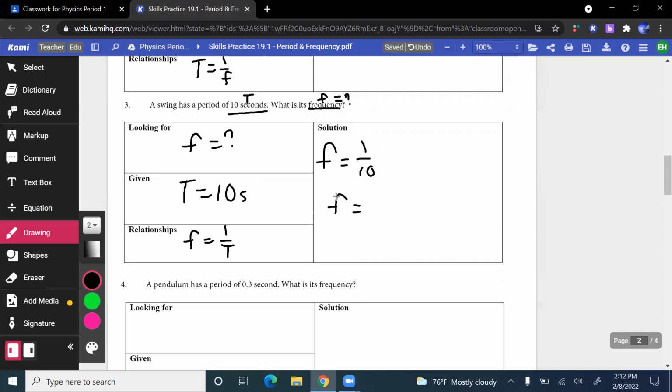The inverse of 10 would be 0.1 hertz. Now, 0.1 hertz means 0.1 cycles every second, or 1/10 of a cycle every second. So if it takes 10 seconds for the swing to go there and back again, it means that 1/10 of a cycle happens every single second.